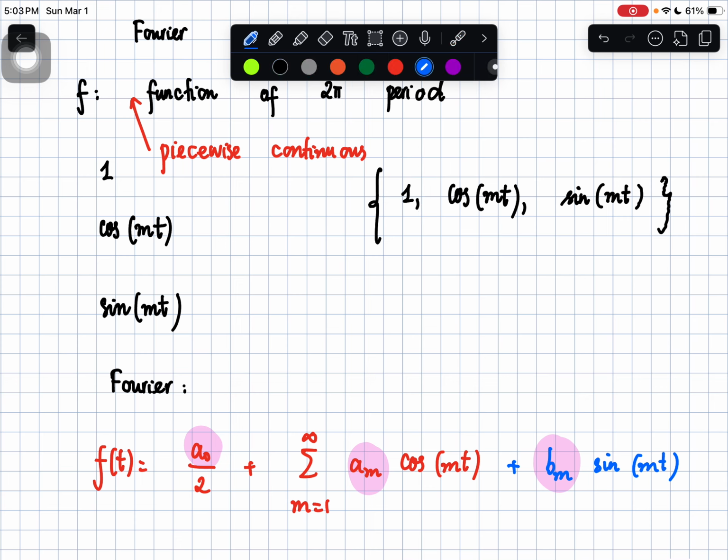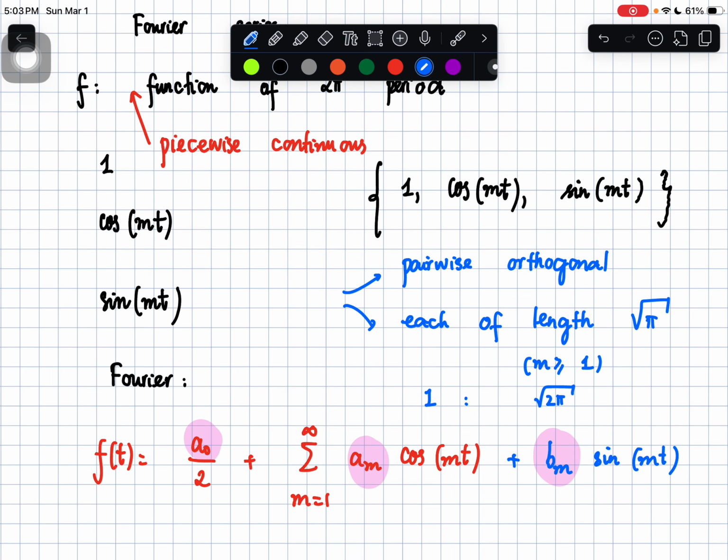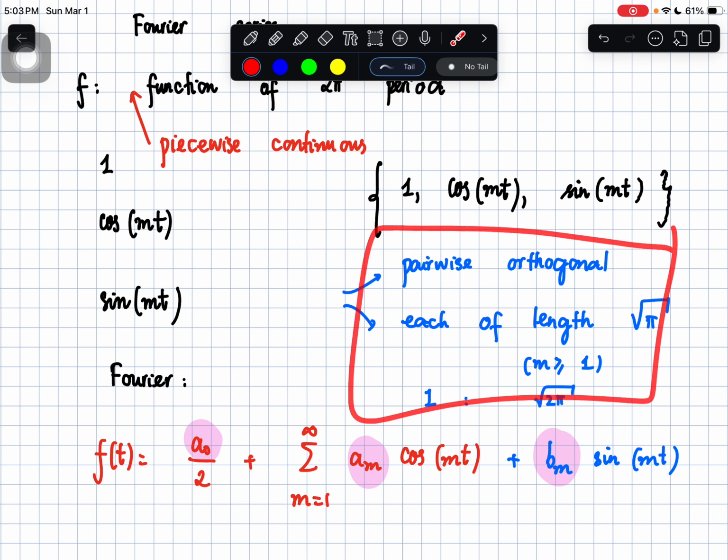I will write down the formula for that, but all you need to remember is that they are pairwise orthogonal, each of length square root of pi for m greater than or equal to 1, except 1 has length square root of 2 pi. So let us write down the formula for these properties.